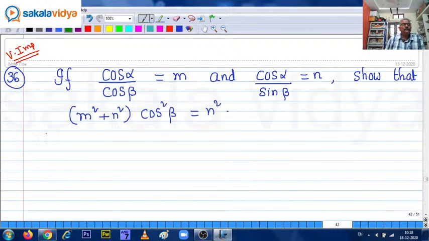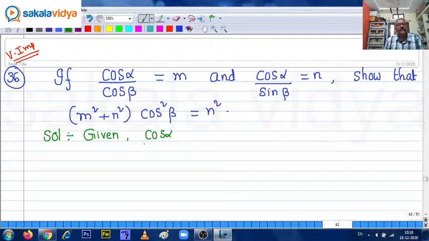Okay, now the solution. Here, given cos alpha by cos beta equals m and cos alpha by sin beta equals n. This is the given data.